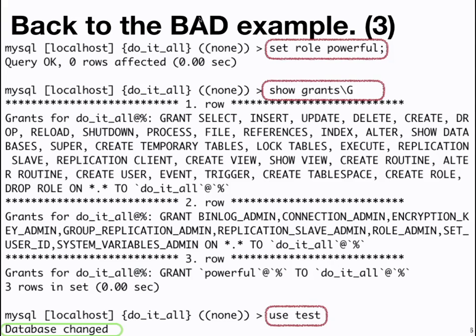We have to say set role powerful or do a set default role. When we do set role powerful and show grants, you see that the privileges that belong to powerful are all explicit in the show grants. So you see that now this guy is really powerful. And when you do a use test, the database change happens without errors.